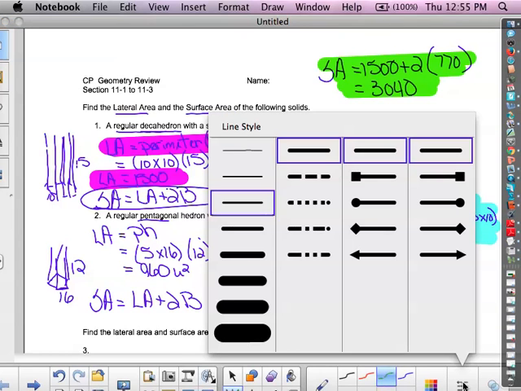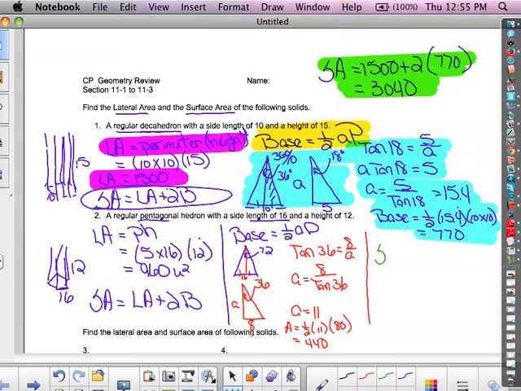Now the total surface area is equal to the lateral area plus 2 times the area of the base. Lateral area we have as 960 plus 2 times 440, which is the area of the base, giving me a total surface area of 1,840.